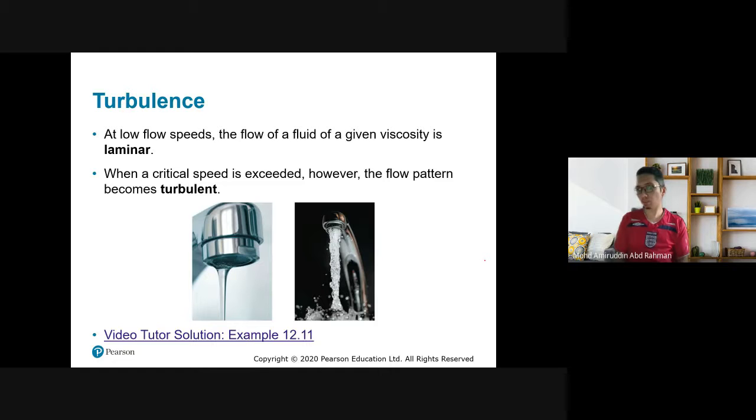So this is laminar, this is turbulence. Turbulent is when the critical speed is exceeded; at low flow speed, this is laminar. So that's the relationship, the big difference between laminar and turbulence. Okay, the last one.